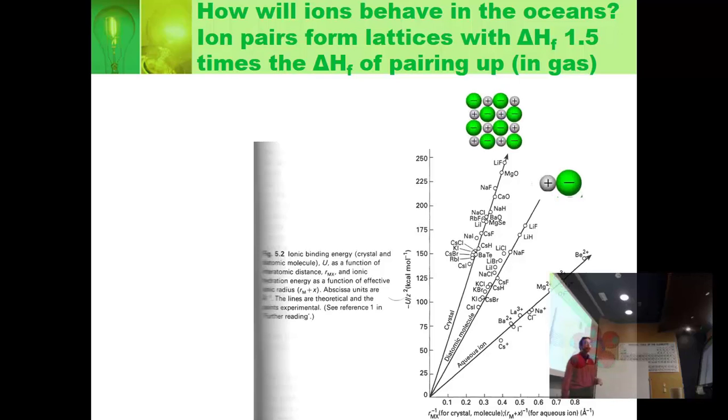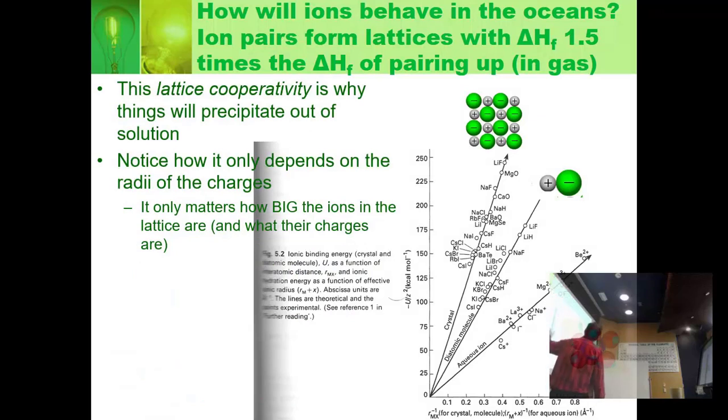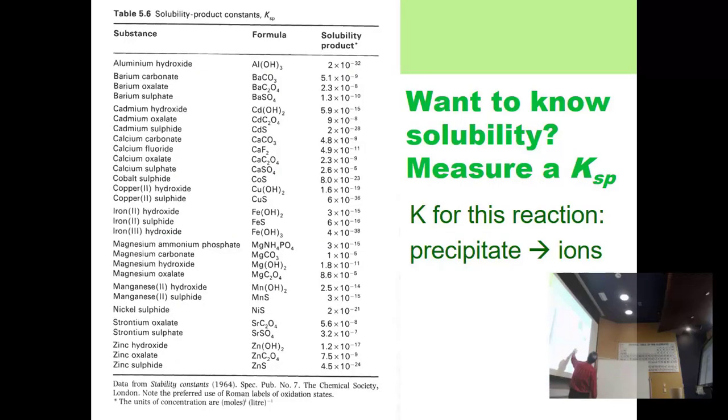So we have those different energies, and they follow predictable and universal trends that also shape natural history, because the difference between this energy and that energy determines how much it will be surrounded by water if it's exposed to water, as opposed to staying in the crystal.